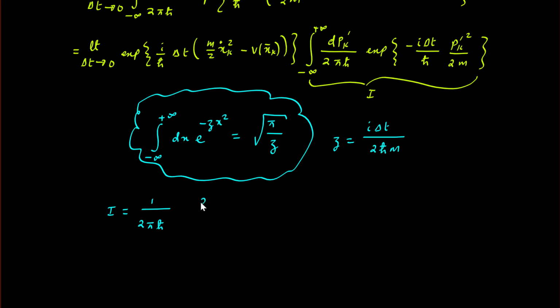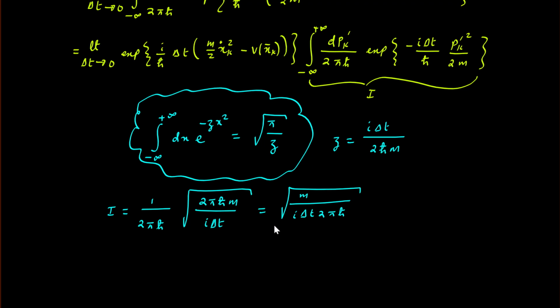If we do that, we will get 2 pi h cross m divided by i delta t, root over, and on simplification I will get root over m divided by i delta t 2 pi h cross. Okay, fine. Now I can put this value of this integral I in these equations, and then we will get the further solution.